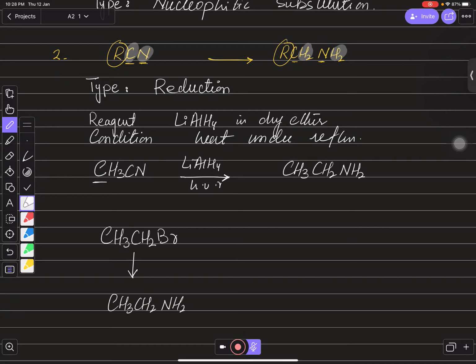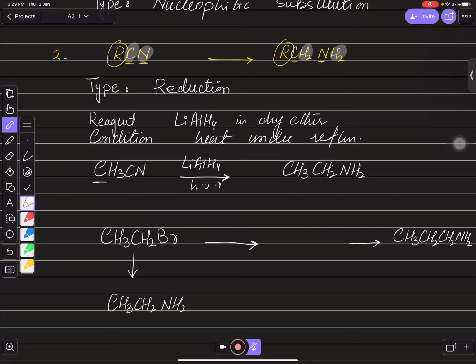You have 2 carbons over there, and you can produce a 2 carbon amine from this. But for suppose you want, sir, no, I want a 3 carbon amine, so it should be CH3CH2CH2NH2. I want this compound. This is a different compound, and you can see that one carbon is going to be added over there.